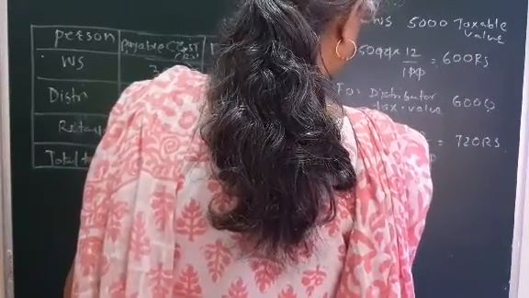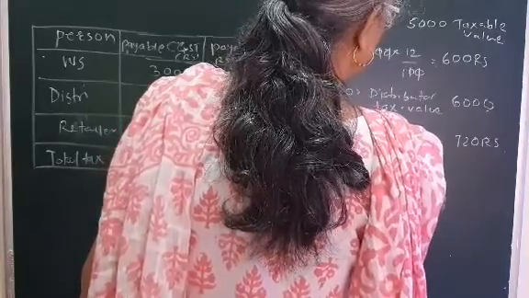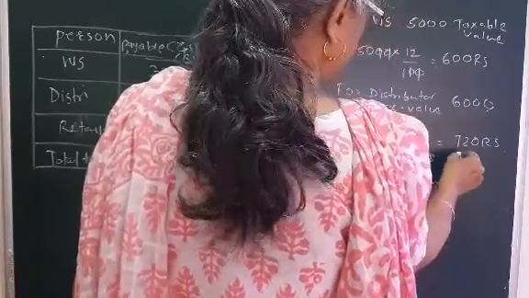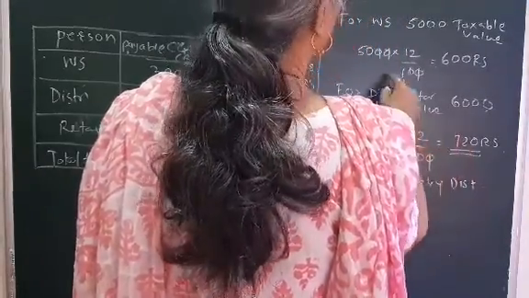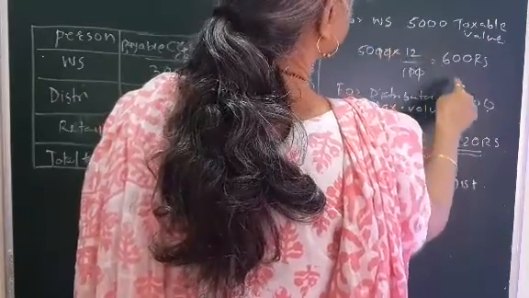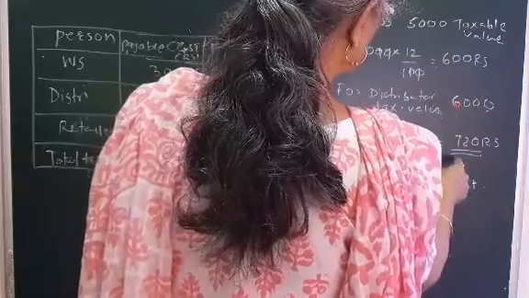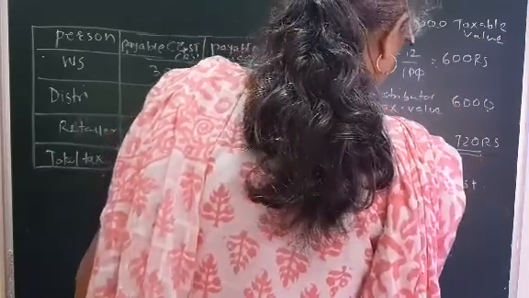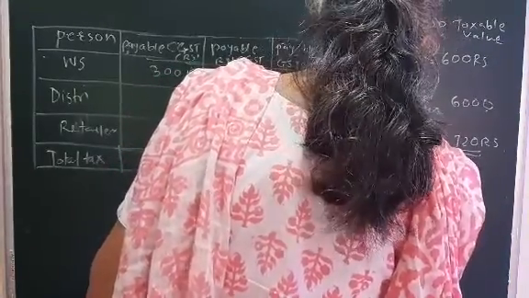So GST payable by the distributor will be, now this is the output tax for the wholesaler, and whichever is the output tax for the wholesaler will become the input tax for the distributor. So 720 minus 600, that will give you 120.